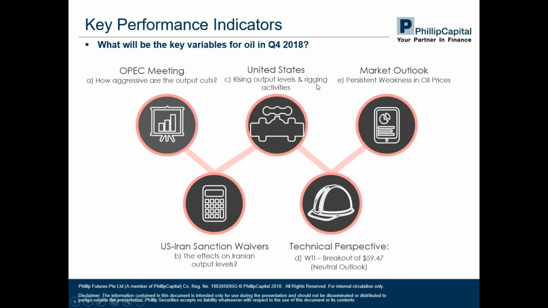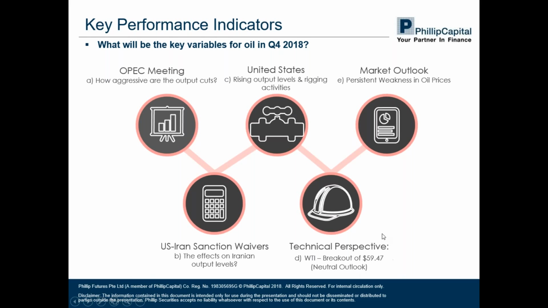The US continues, it's going to go up? It's rising, output levels going to go up. Now we are at 11.6 million barrels per day, which is very strong. So these three key points, we can use as forward guidance for the fourth quarter of 2018.